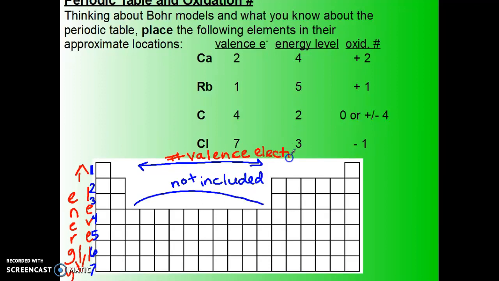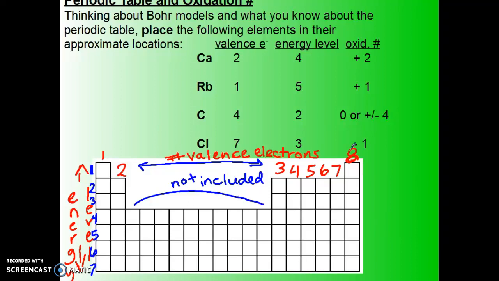All right, so let's verify that that's the case. If we count across all of our different columns, we've got 1, 2, 3, 4, 5, 6, 7, and 8. Wow, I can't write 8. There we go.